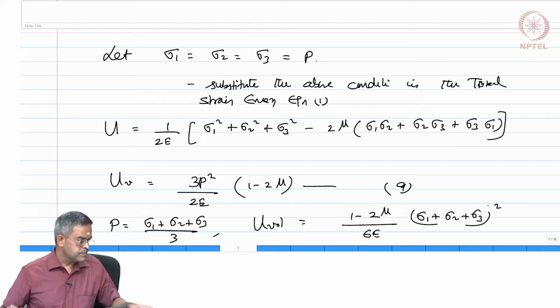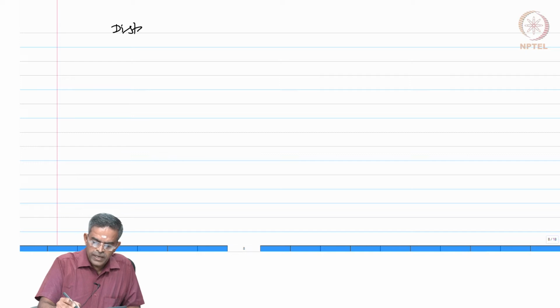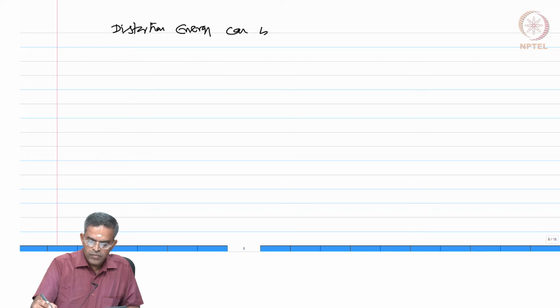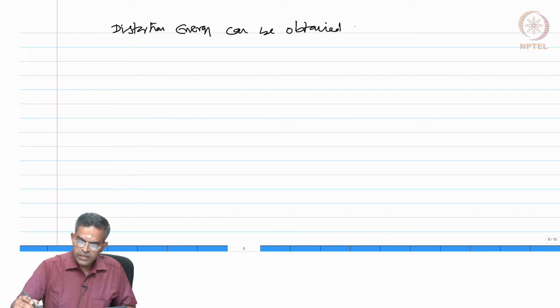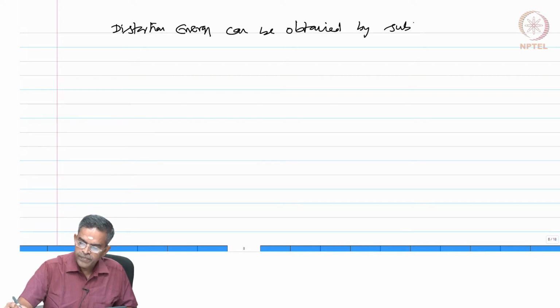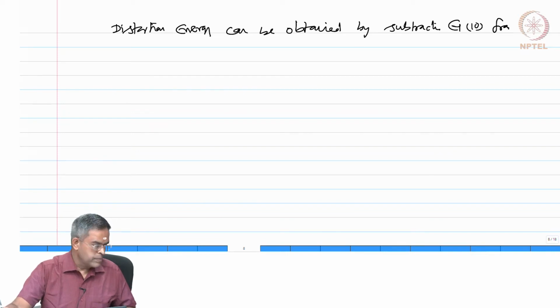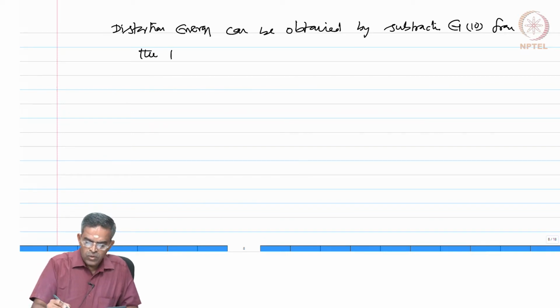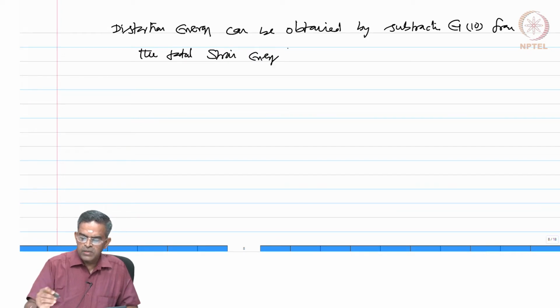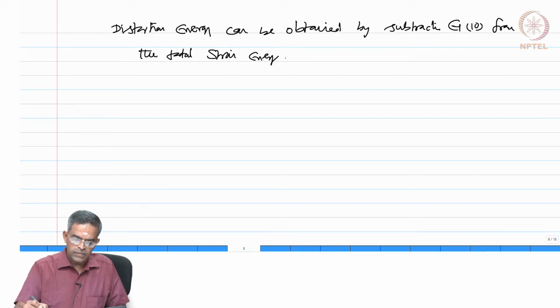Am I right? Distortion energy can be obtained by subtracting equation 10 from the total strain energy, because total strain energy is the summation of volume plus distortion, is it not, which is now given by equation 9.